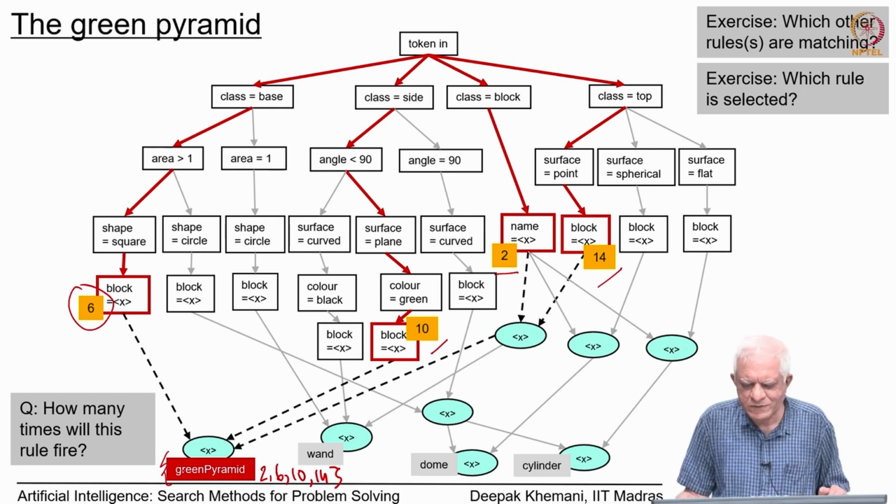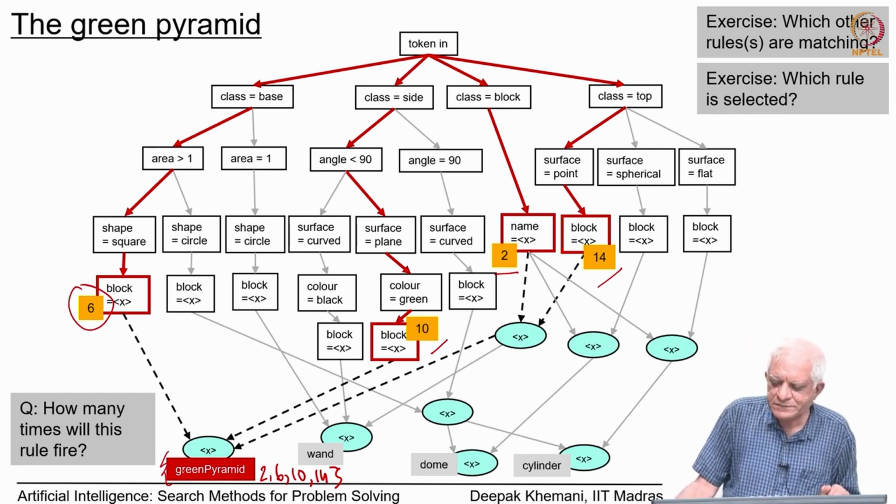So, there are some things I want you to think about a little bit. First one is here on the top right: which other rules are matching. You should look at the data, or the working memory, and look at the network, or equivalently the rules. Remember that the rules and network are the same, and see which other rules are matching given the data.